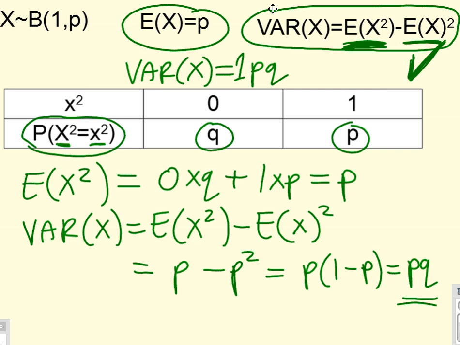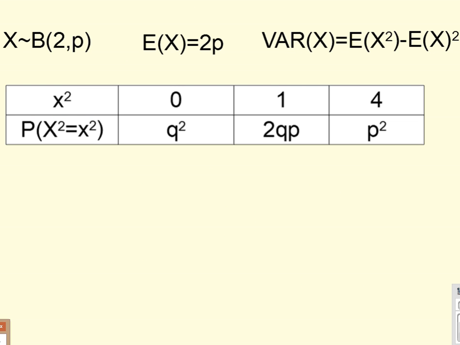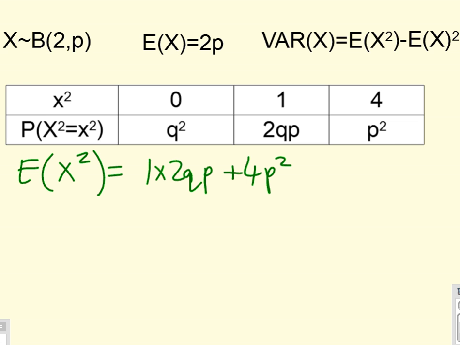Superb. Let's try it for 2 trials. Okay, I will pause the video in a second for you to work out this. Okay, so what is it? 1 times 2qp plus 4p squared. So if we take out a common factor of 2p, we are left with q plus, wait a minute.